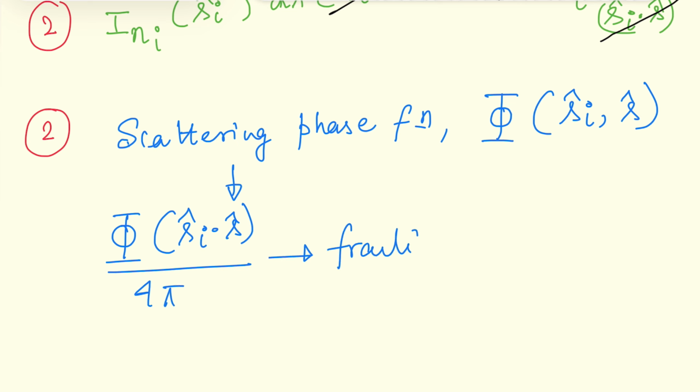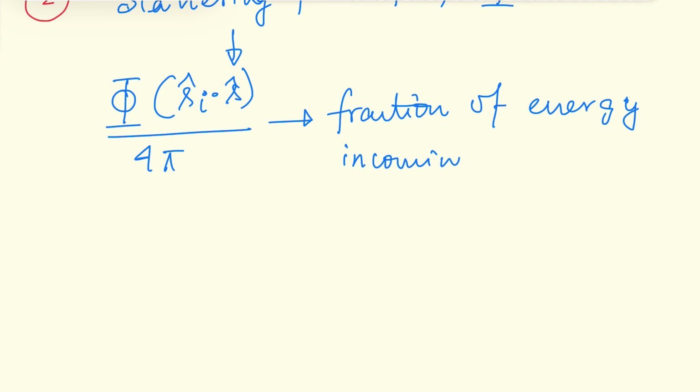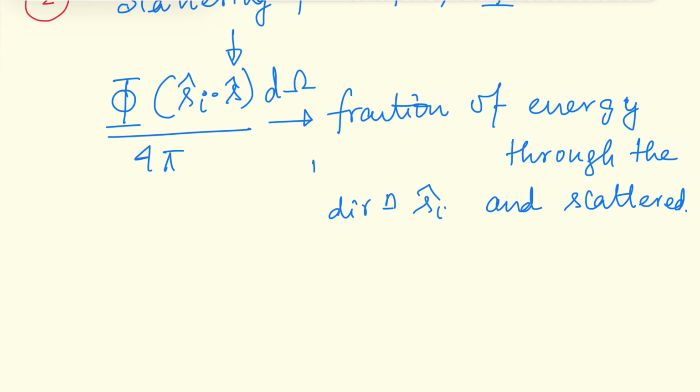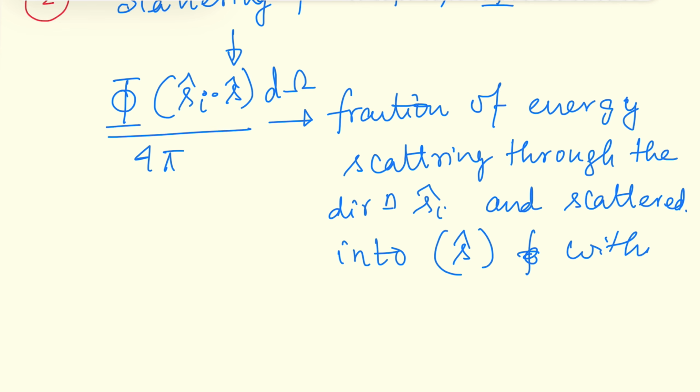This is the fraction of energy incoming through the direction SI and scattered into the direction S within d omega.